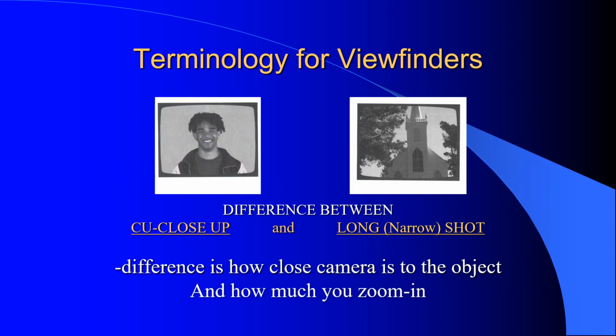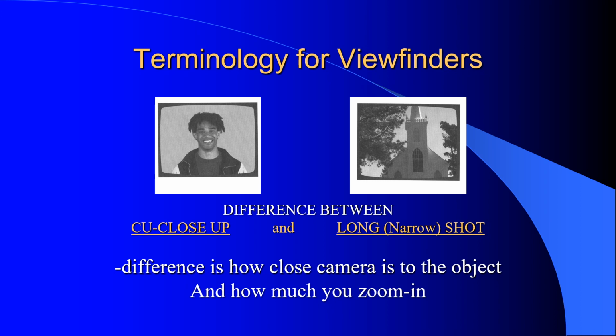You also need to understand the difference between a close-up shot and a long shot. This whole thing has to do with where the camera is with respect to the subject. A close-up shot means that the camera is actually close up to the subject.